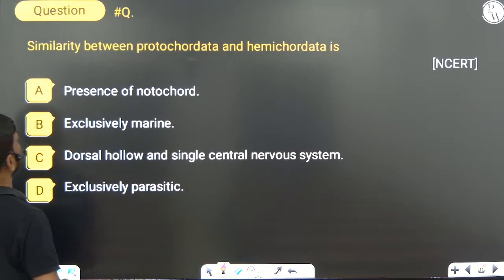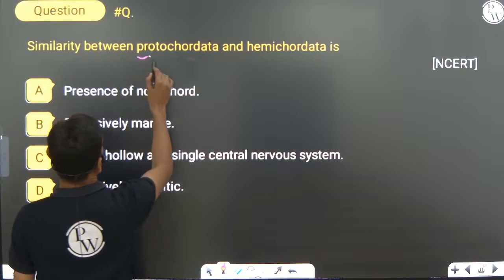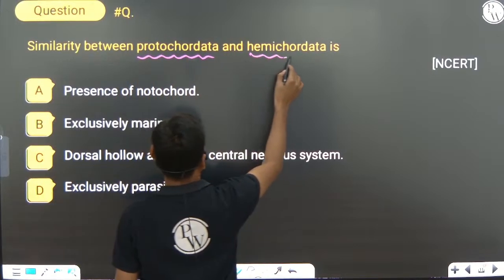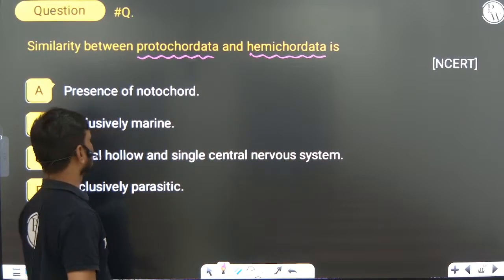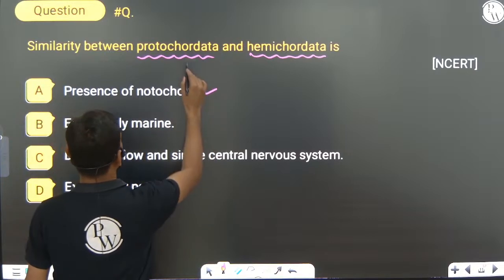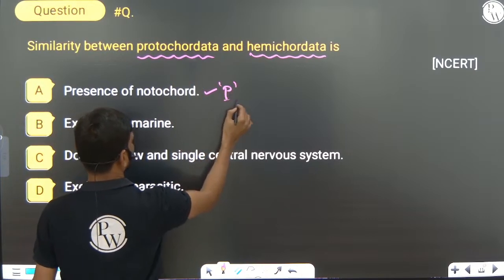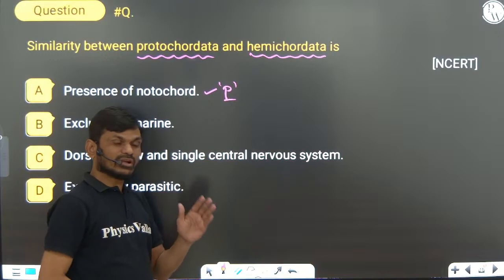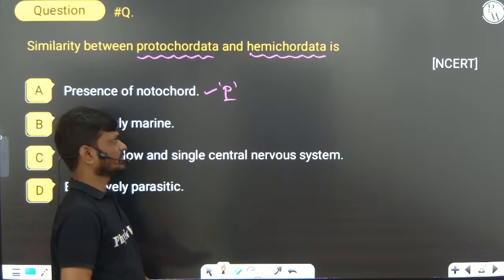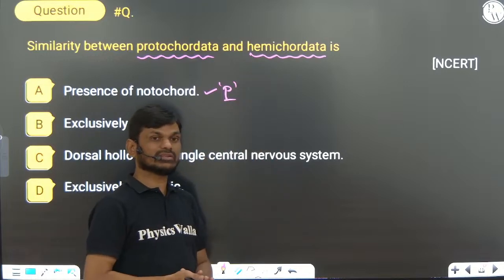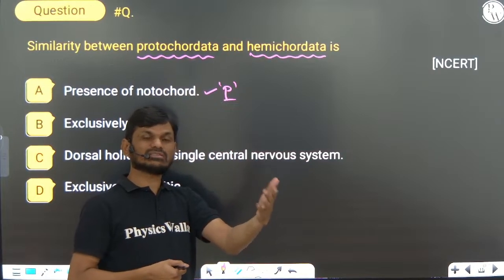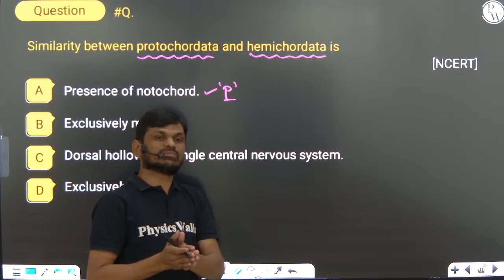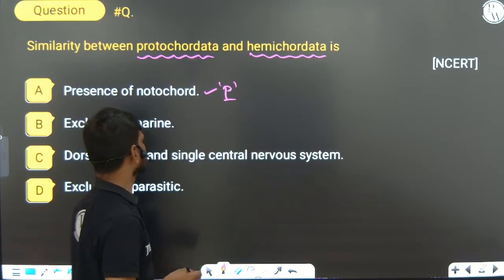Don't guess. Similarity between Protochordata and Hemichordata. I'm asking Hemichordata, not Cephalochordata. Presence of notochord belongs to Protochordata, because the presence of notochord is the characteristic feature of Chordata. In Hemichordata, earlier we thought there was a structure called stomochord similar to the notochord, so we classified them into Chordata, but later we classified them under invertebrates in a separate phylum, Hemichordata.